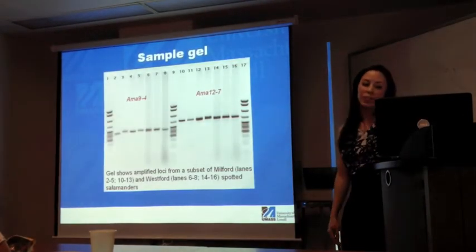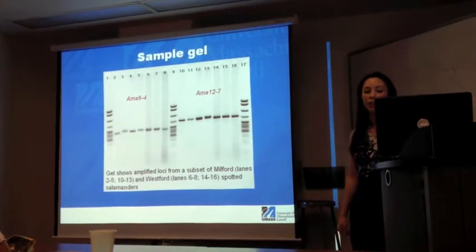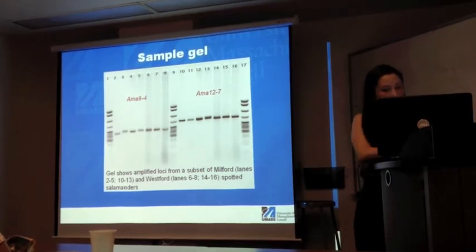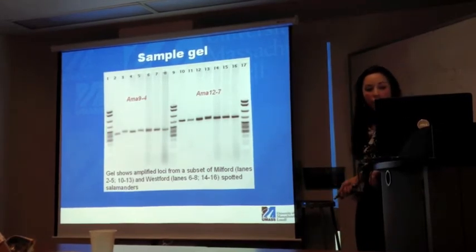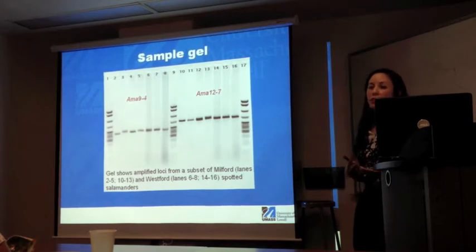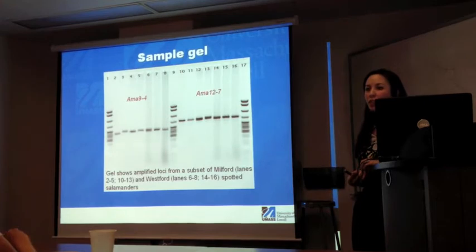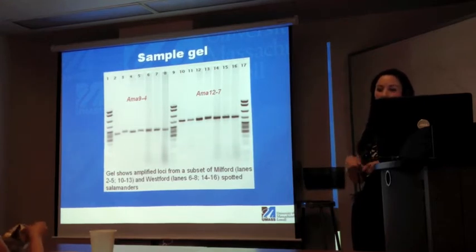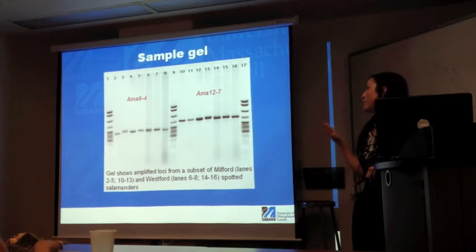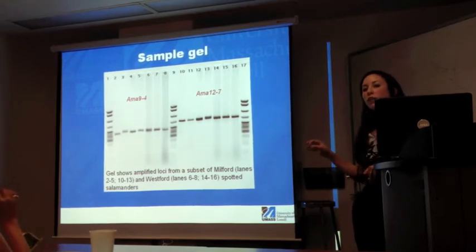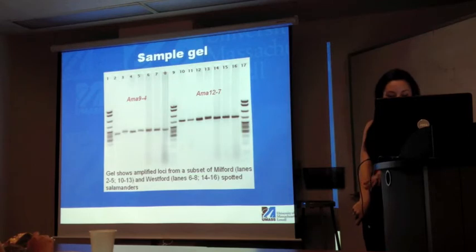So for anyone who hasn't seen a gel, here's just a sample gel. Using my pointer. So we mostly used a kind of thicker gel. Usually it was around 2.4% gel, and I ended up using MetaPhor agarose because some of the base pair size differences in these alleles were pretty small, so I needed some good resolution.